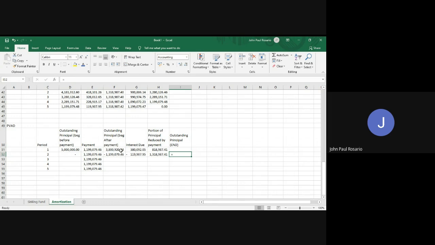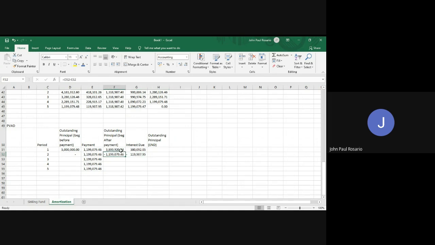It will be different for our amortization. Okay, so let's just do our amortization this way. We will no longer have this portion, but we will have our outstanding principal. I think this is more accurate.